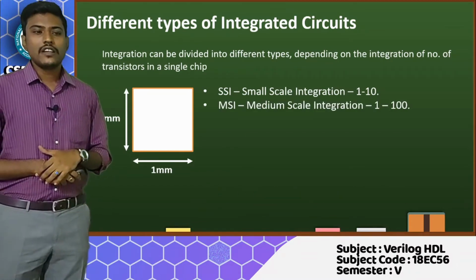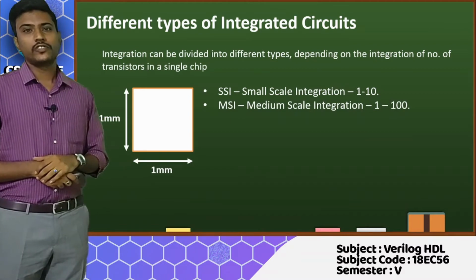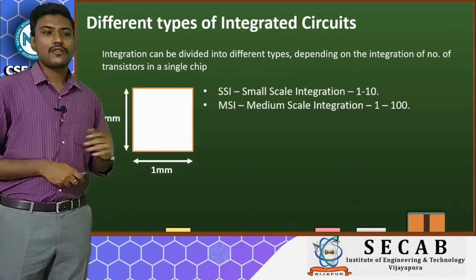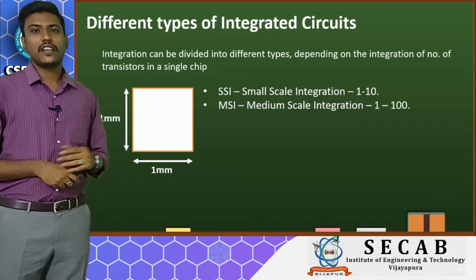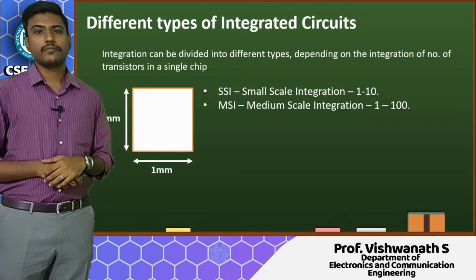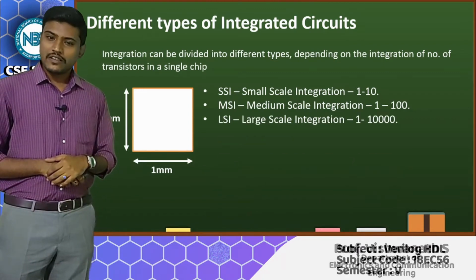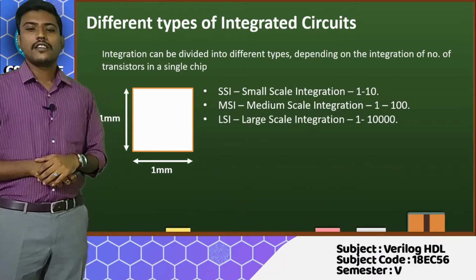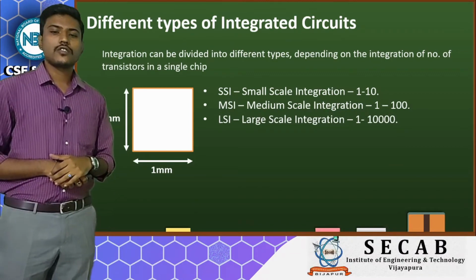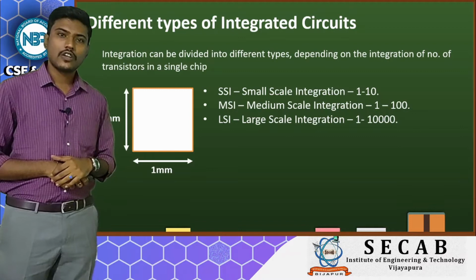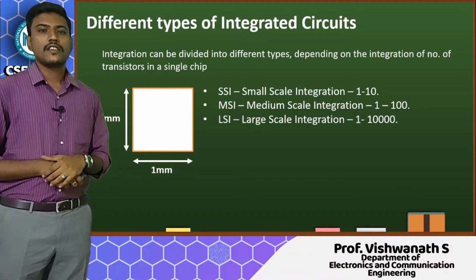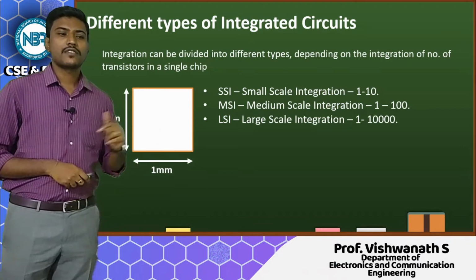Now in the same area, if I integrate 1 to 100 transistors, then I can call it medium scale integration. Keeping the area the same, if I integrate 1000 or 10,000 transistors, then we call it large scale integration.